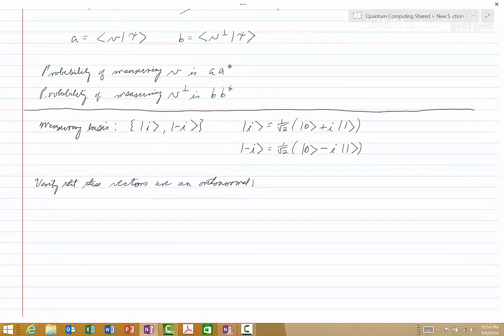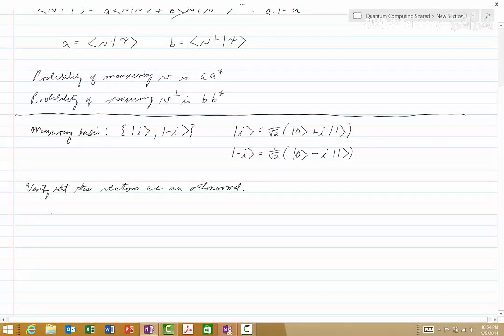Okay, so in order to verify what we want to verify, there's basically 3 things we want to verify here. Verify that the inner product of I with I is equal to 1.